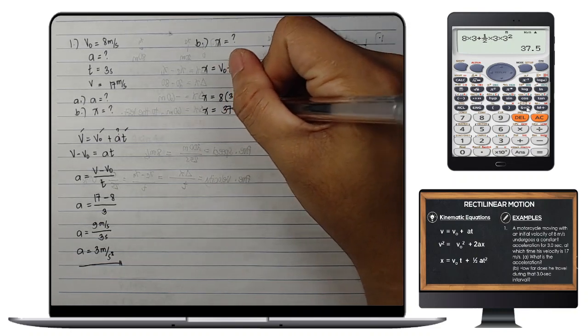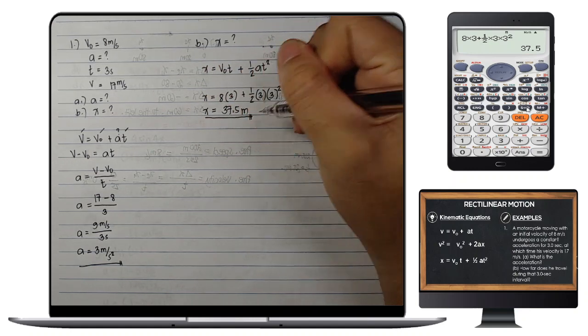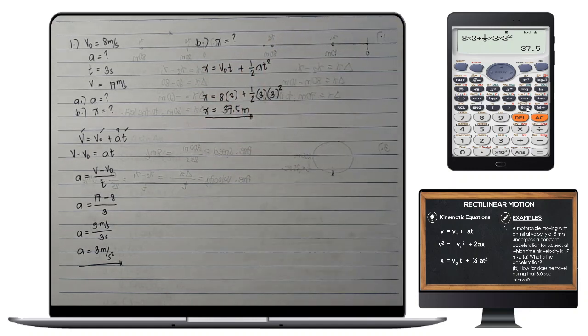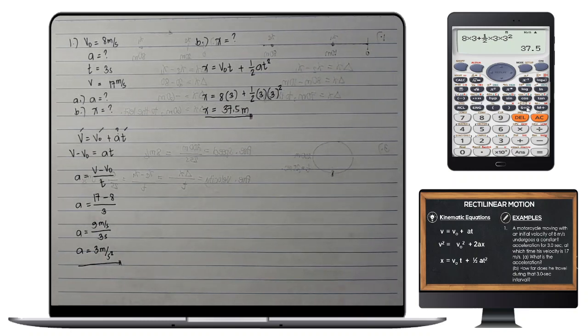So we have 37.5 meters. So that is the unit of our displacement. Okay, or the how far does he travel? So he traveled 37.5 meters, running at an acceleration of 3 meter per second square for 3 seconds.